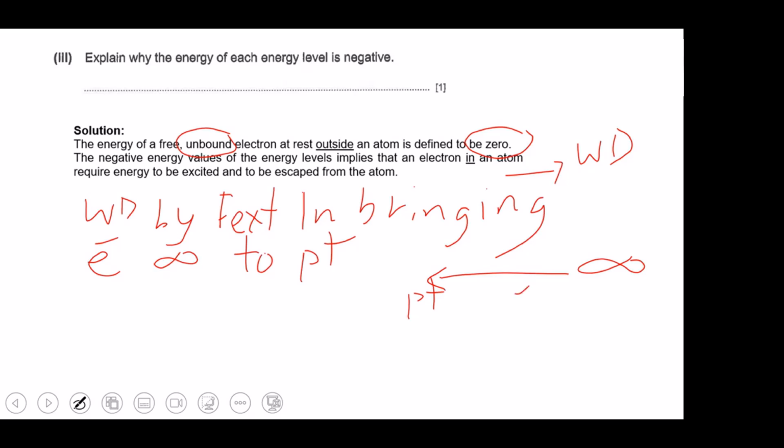This guy is an electron. My external force will be this way, and my displacement will be this way. So if you use your work done, there's actually a negative work done by the external agent, because the external force points in the opposite direction to the displacement. So there's a negative work done by the external agent to bring the electron from infinity to that point, which is similar to what we do for the gravitational field, right? So this is the idea of why energy is negative.